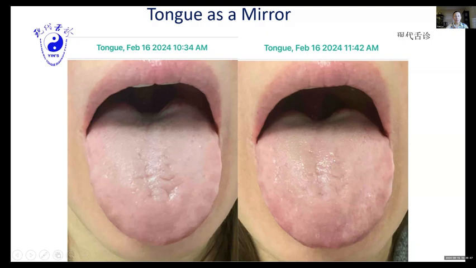And the right side is right after the treatment. You can see the tongue was really curled before treatment, and there are a lot of cracks. And on the right side, the tongue is much straighter, and the cracks are much less, because the muscle is more in alignment with the spine, so there's not as much tension. Then the cracks got less.